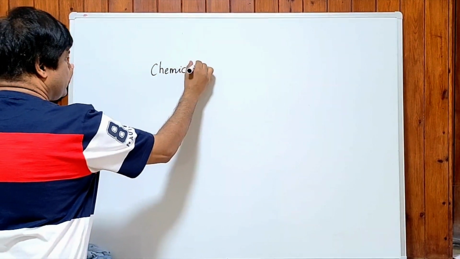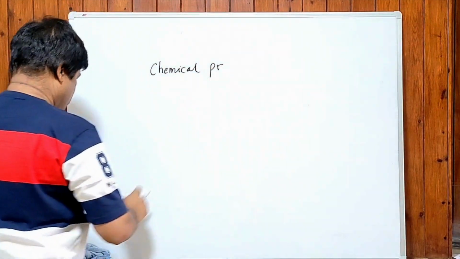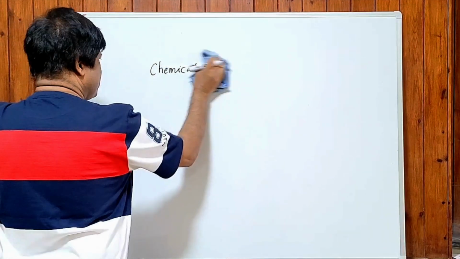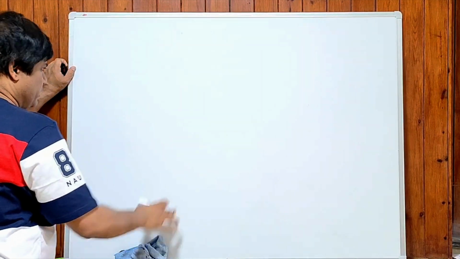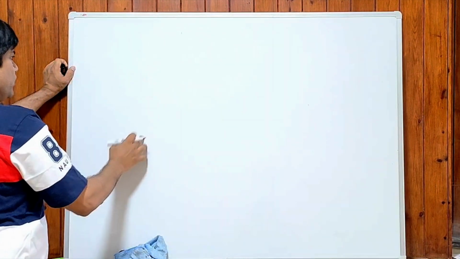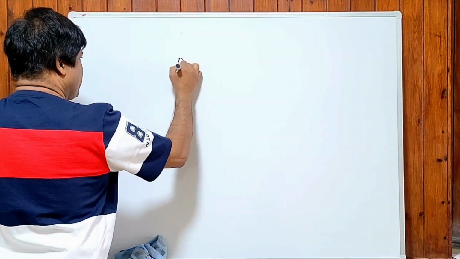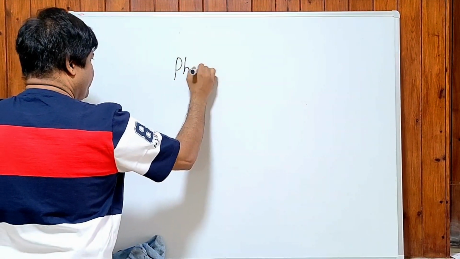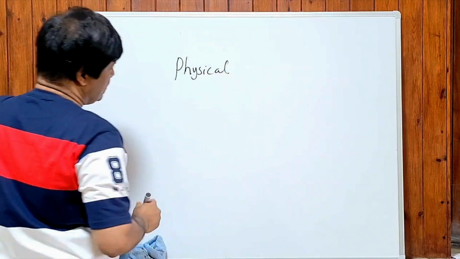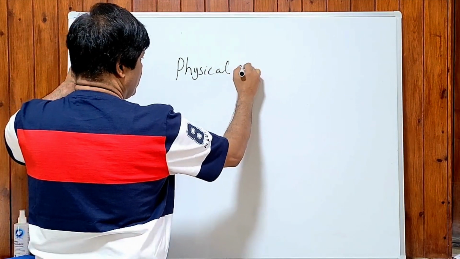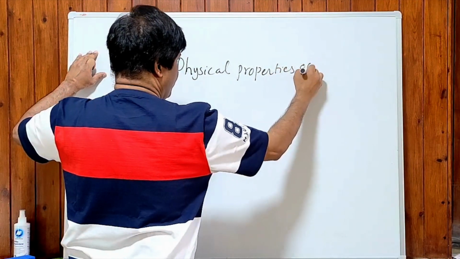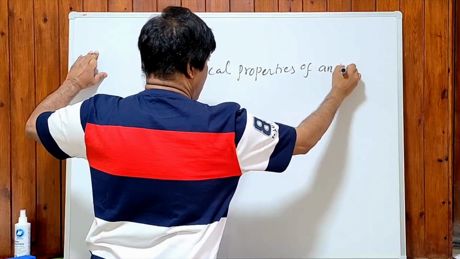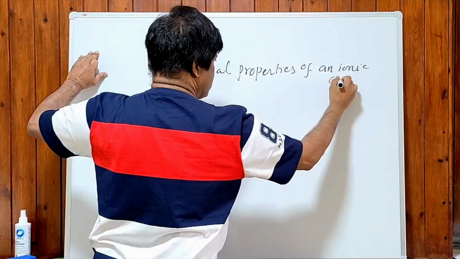Chemical properties are mostly the same because one atom lost an electron and another gained one. We will start with the physical properties of ionic compounds.